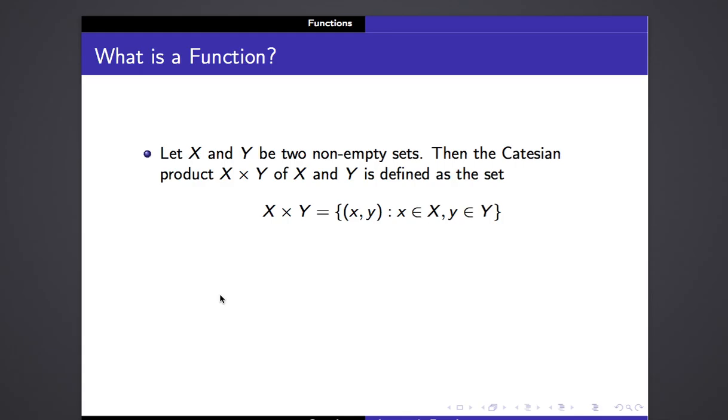Then the Cartesian product x cross y of x and y is defined as the following set. This Cartesian product is the collection of the ordered pairs (x, y) such that x is in the first set X and y is in the second set Y.